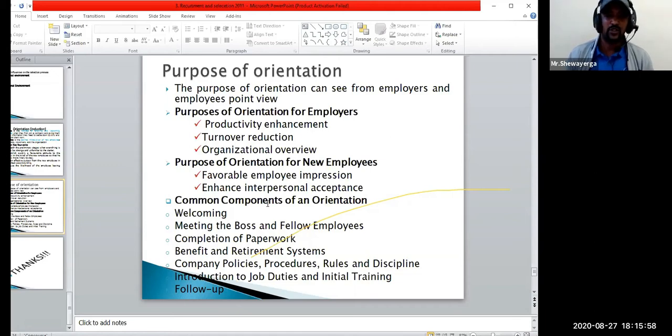When I say the purpose of orientation from the employee side, then there will be a favorable employee impression or positive image in the mind of new employees or newcomers, and also enhanced interpersonal acceptance or interpersonal relationship, a smooth relationship, a smooth environment, a conducive environment.